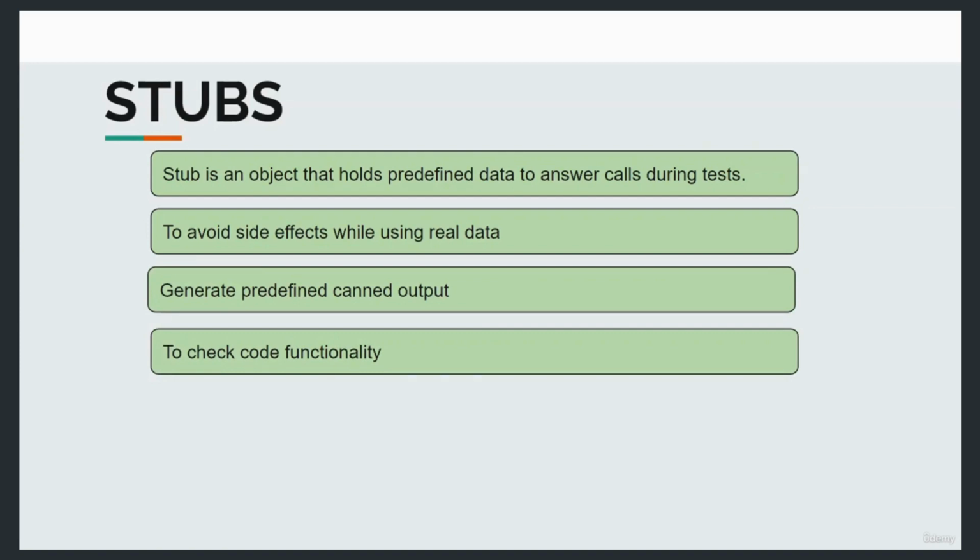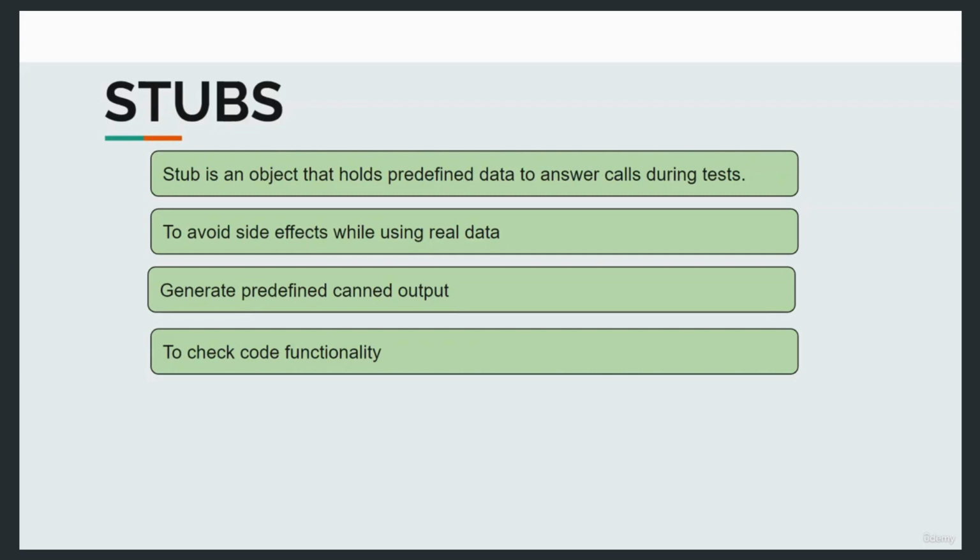This is the major use of stubs, where you need to check how your code will behave with different types of outputs, right? Whether it's a success, whether it's a failure, what kind of response is being sent, what type of data is being sent by the database. So using the stub you can even mock the database itself. You can return a few records using a collection, like the maps within the class.